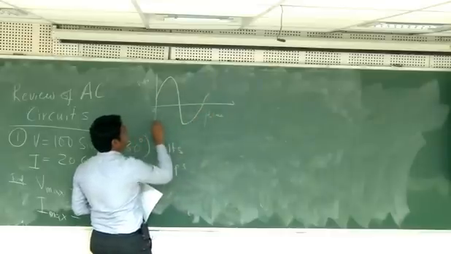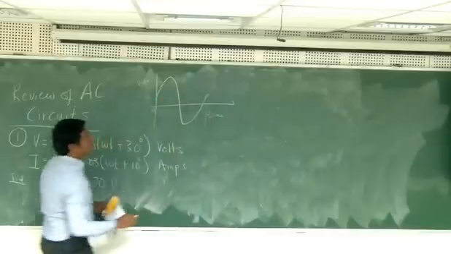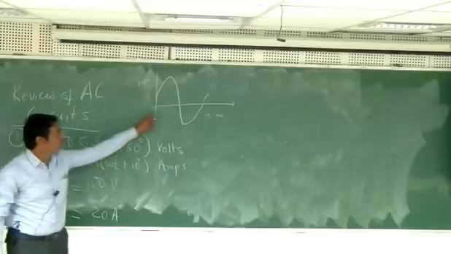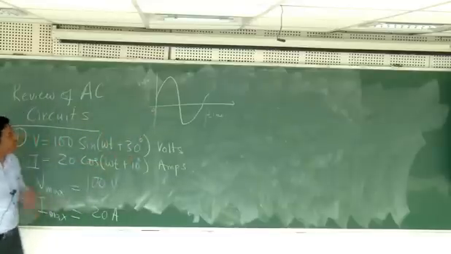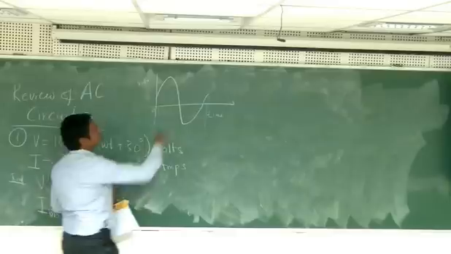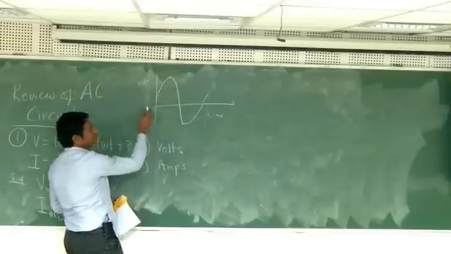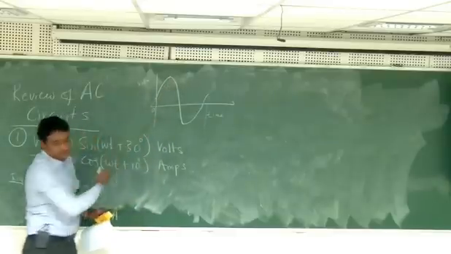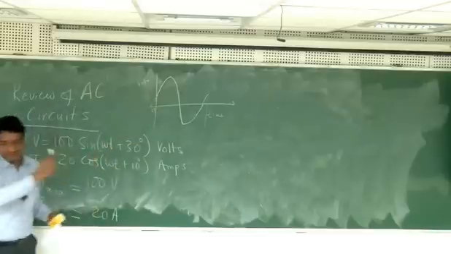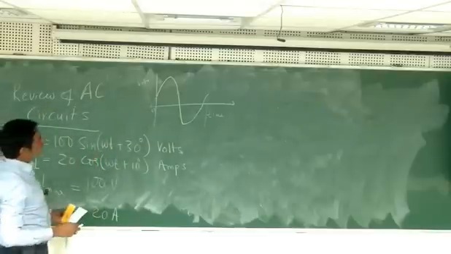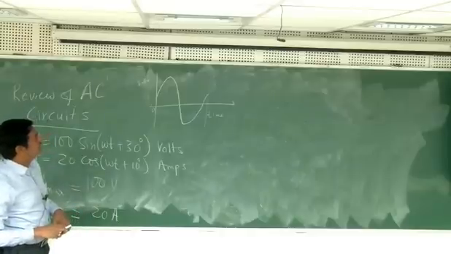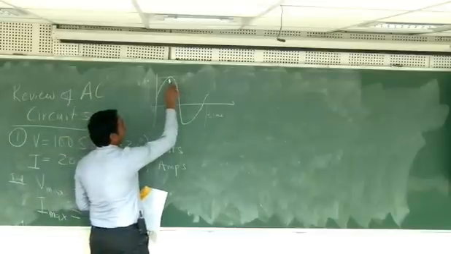So this is one complete period. Why am I not starting from 0? Because there is a phase of 30 degrees. So this one represents 90 degrees from 0 degrees. So it will actually start at minus 30 degrees, and I think you know this part.